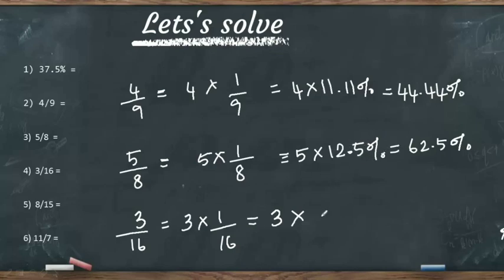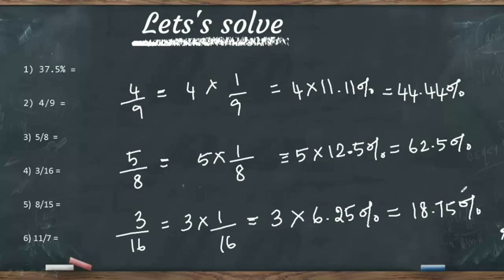So half of 12.5 is nothing but 6.25 actually. So our 3 by 16 is nothing but 18.75 percentage. So this is how we calculate the percentages.